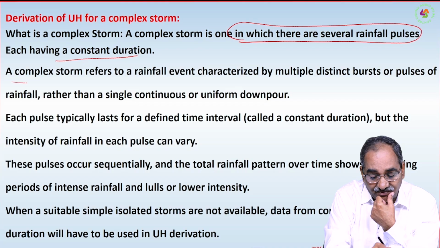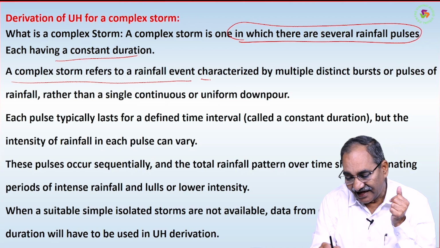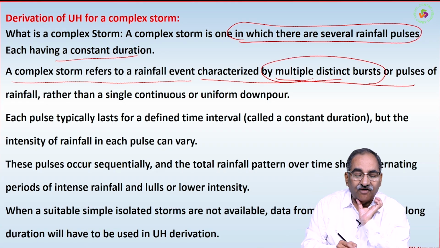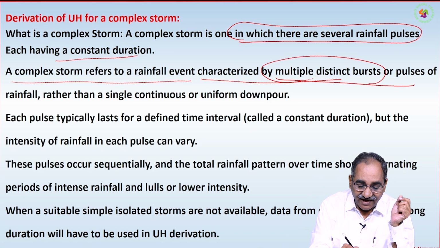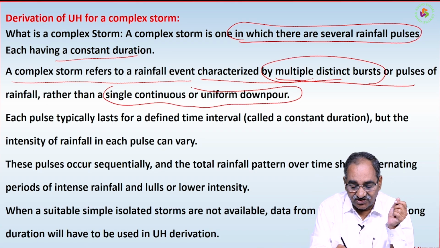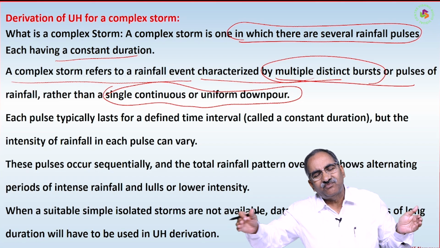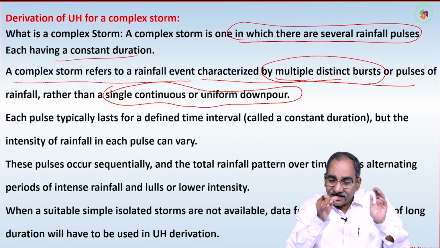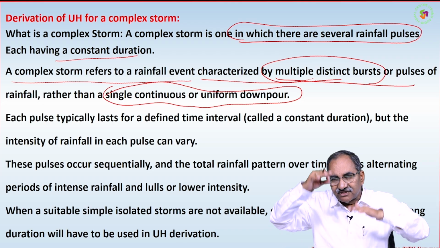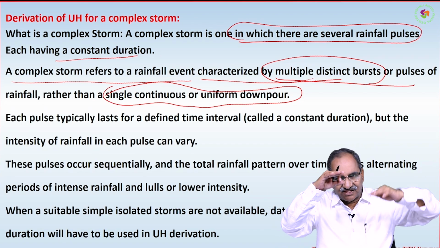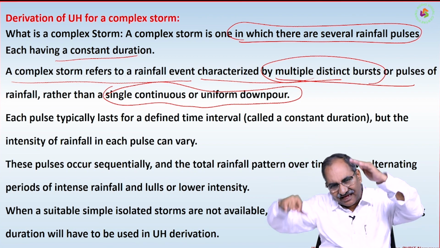A complex storm refers to a rainfall event characterized by multiple distinct bursts of rainfall rather than a single continuous uniform downpour of equal intensity. That means one is increasing, then a little bit less, again increasing, again a little bit less.